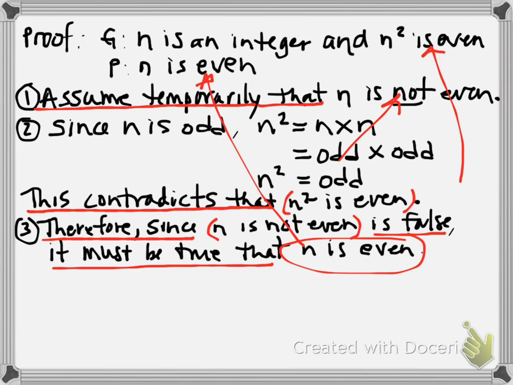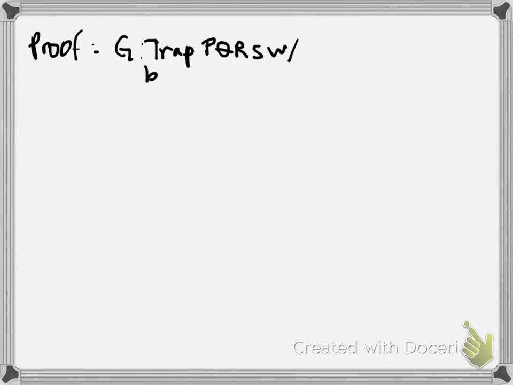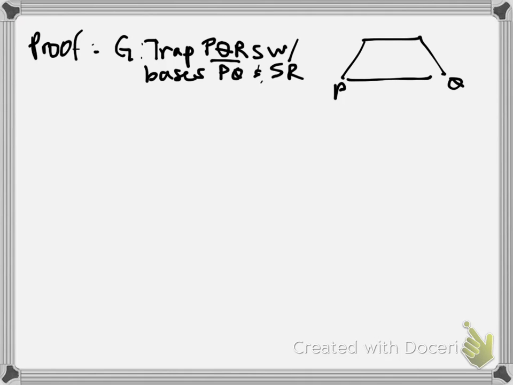All right, let's do one more, but let's do it more like a normal proof. So this one says, given, we have a trapezoid PQRS with bases PQ and SR. So just to get you a quick little diagram, PQRS.